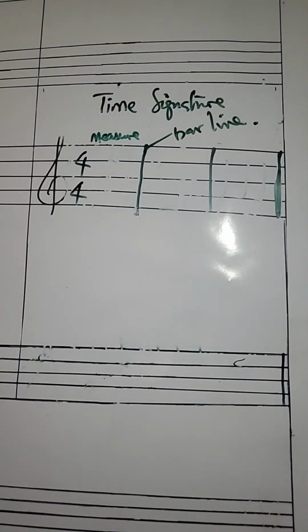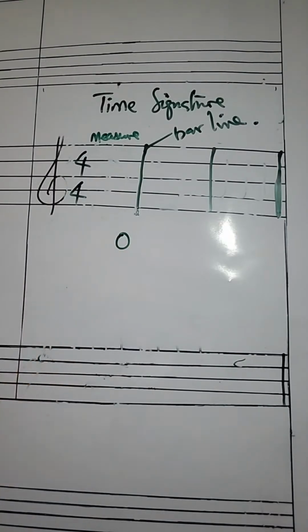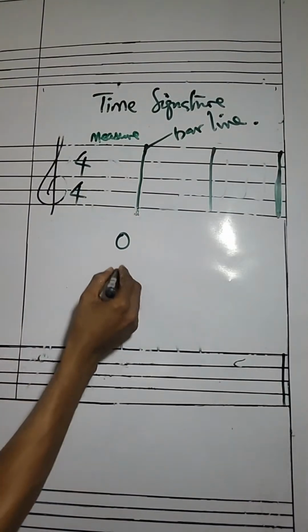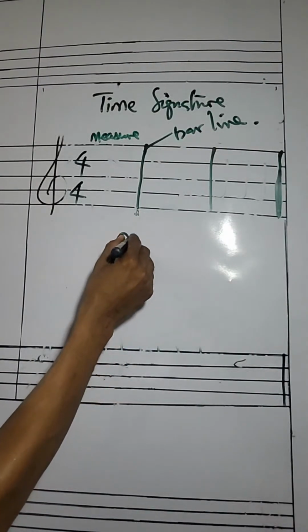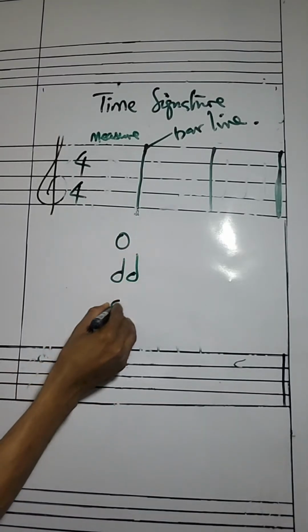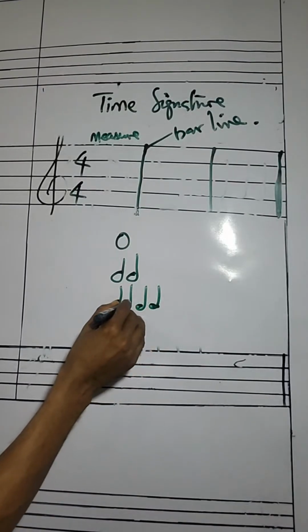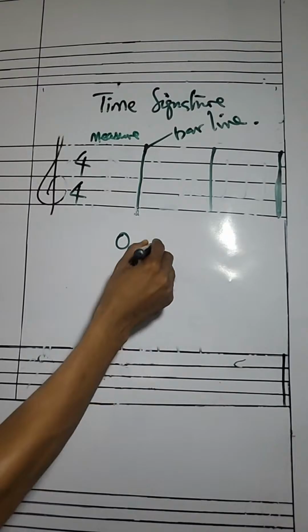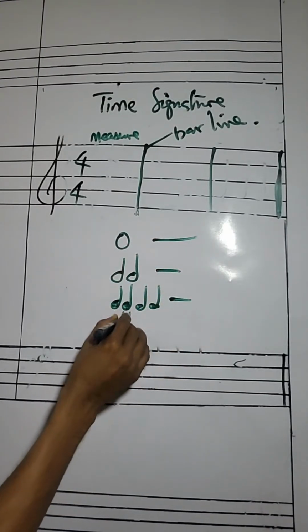While we were drawing our notes here, we said this is 1, and we said this is 2, because 2 of these is equal to 1 of these. And we said this is 4, and we said this is 8.